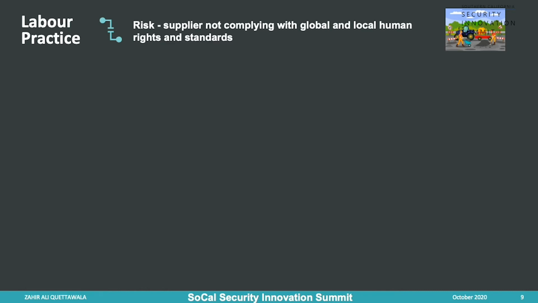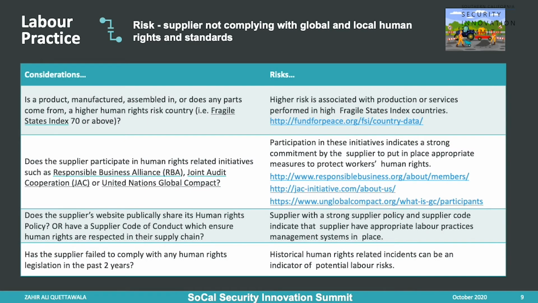Now moving to point number 7, that is labor practice. Again, these are some of my experiences from life. First of all, the first consideration is: is the product manufactured, assembled, or do any parts come from a higher human rights risk country? So again, I've given you this website of fundforpeace.org, where you can find the index of countries which are fragile, or do not meet human rights standards.